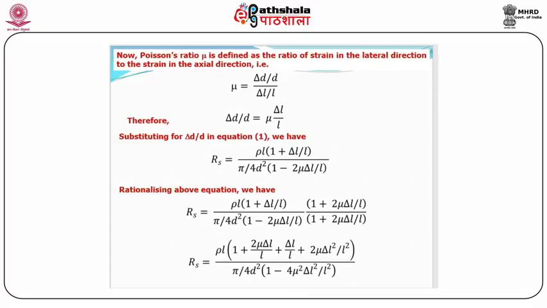Now Poisson's ratio mu is defined as the ratio of the strain in the lateral direction to the strain in the axial direction.